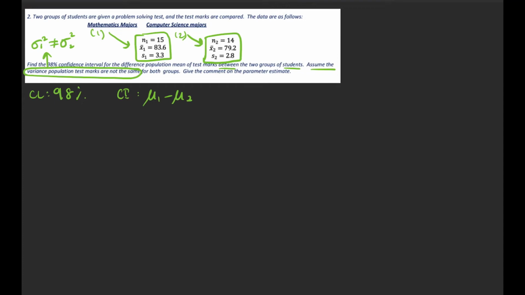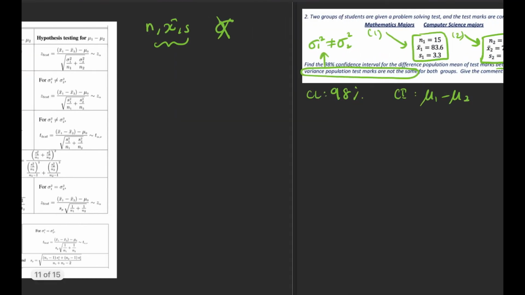So which formula do you want to use? So let's look back at the formula here. They have given n, x bar and s. So they did not give you any sigma value. So you cannot use this formula. Okay, so you want to use equal or unequal. Let's look back here.